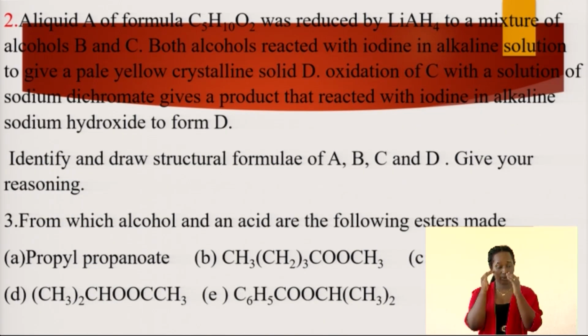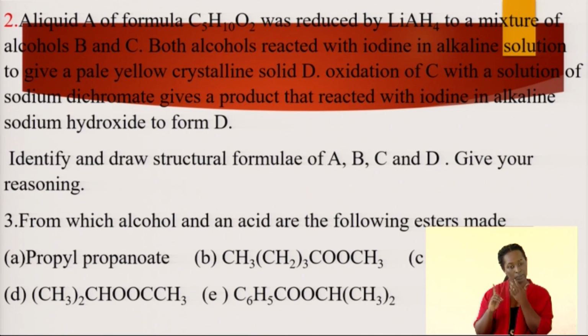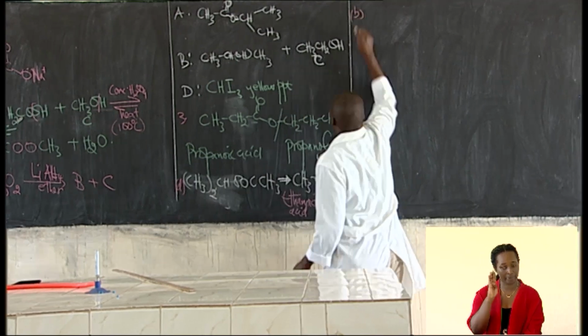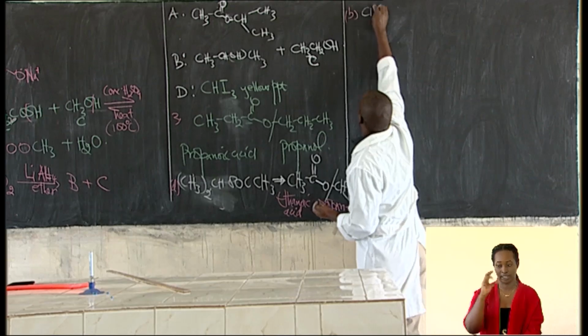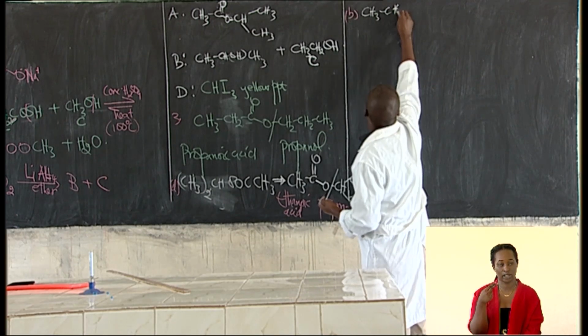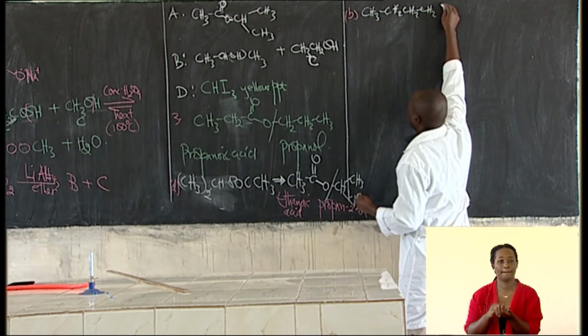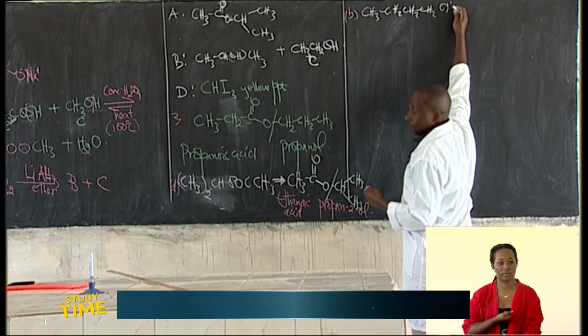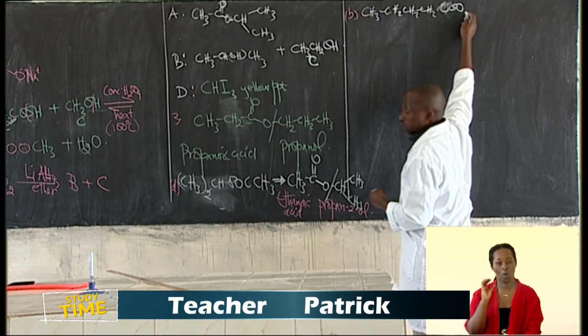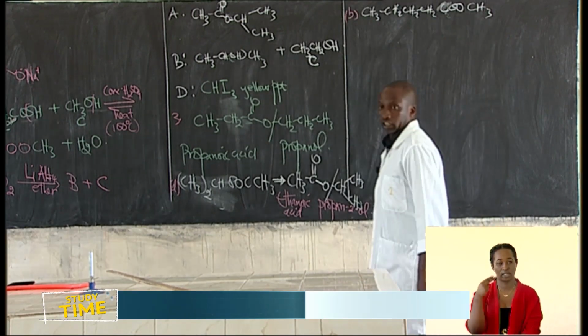Then the next compound we will have, this was part D. I think I made a mistake on copying. This was part D. I jumped part B. Part B is here. So we have CH3, CH2, CH2, CH2. They are repeated many times. Then we have COO, then CH3.